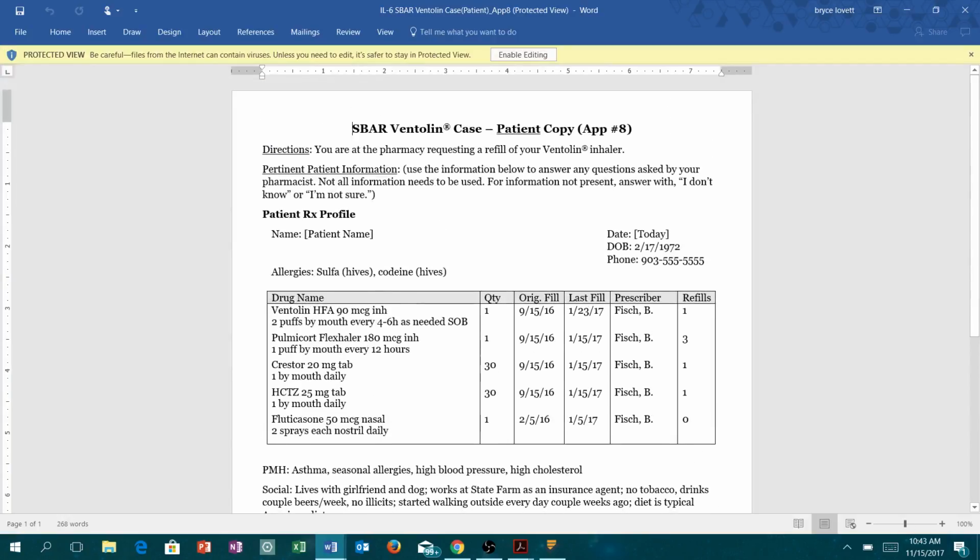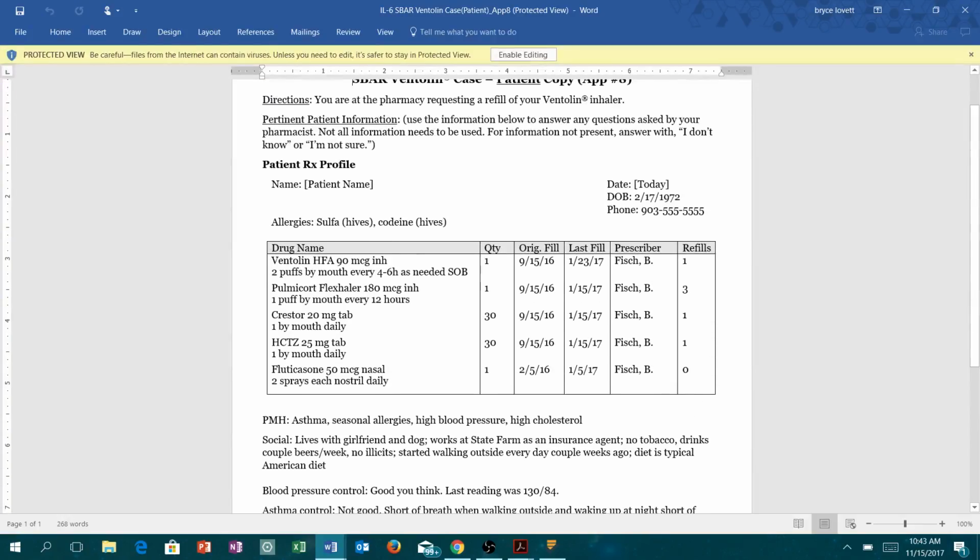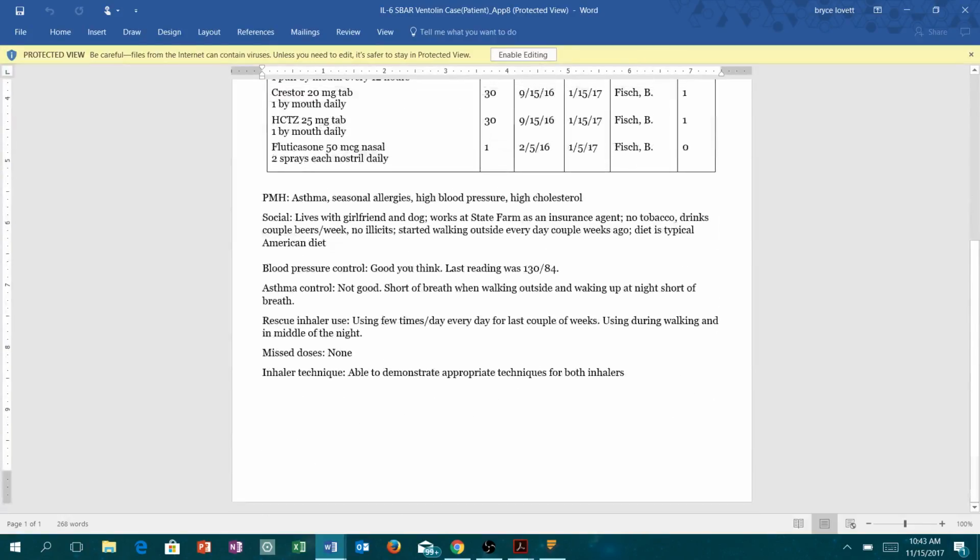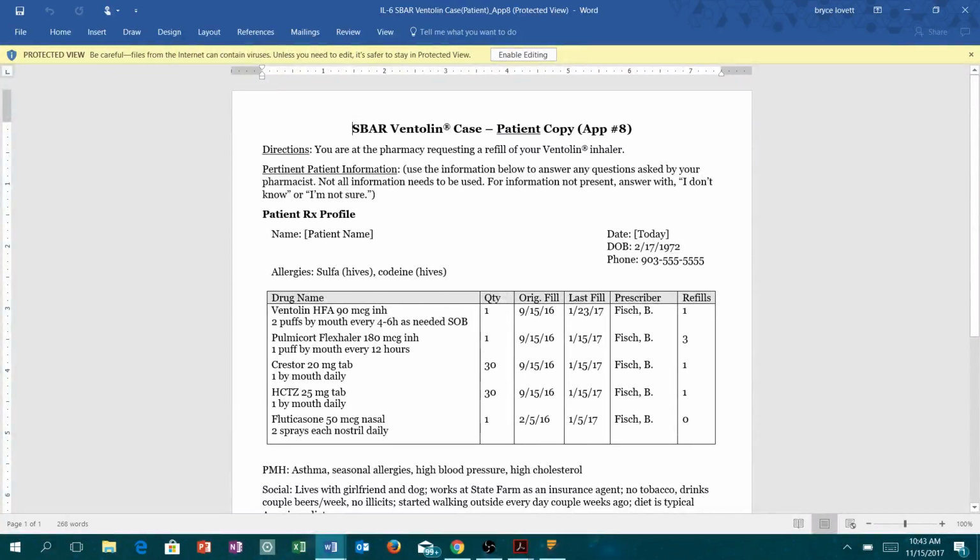I just downloaded the app 8, the very first one on the top, I got all the juicy details over here. Are the details on another page? There's a patient copy and a pharmacist copy. There's the patient copy. I guess I'll be the patient. Are you gonna be the provider? I'll be the provider. I don't know what I'm doing the first time. Yeah, I need to read it.